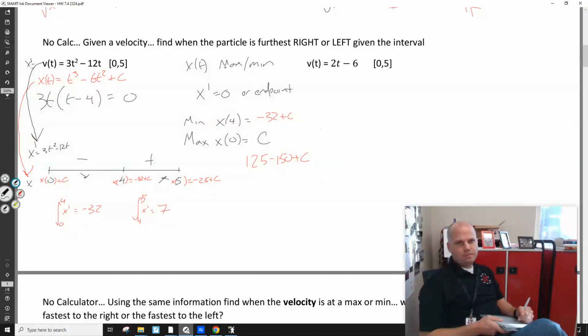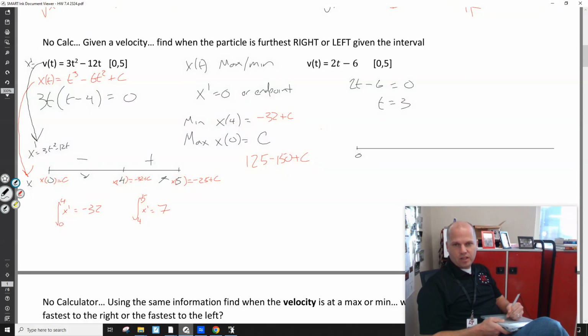All right, same thing. Max min of position, we have a derivative. We set it equal to 0. We have our sign analysis that has a start and an end. We have an interval 0 and 5, and we have this 3. Let's move this.